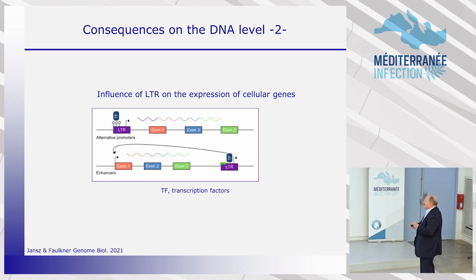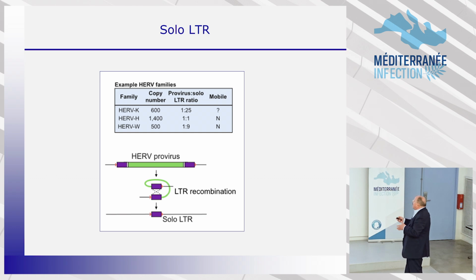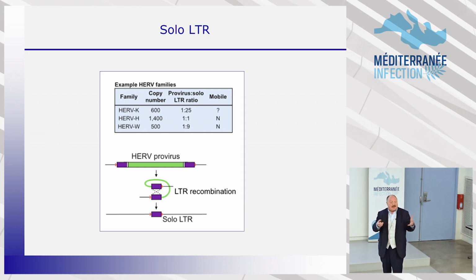So here is an example of how an integrated LTR can influence the expression of a cellular gene by transcription factors or by enhancers from the LTRs. So they can really regulate the expression of cellular genes. And the question is, why do we have these viruses in our genome?